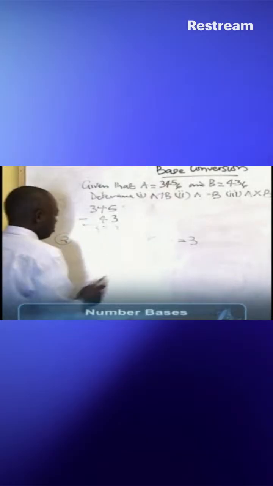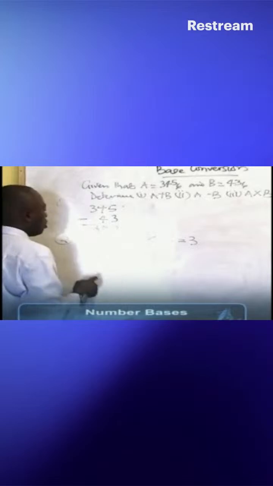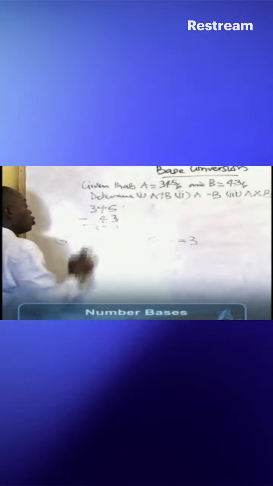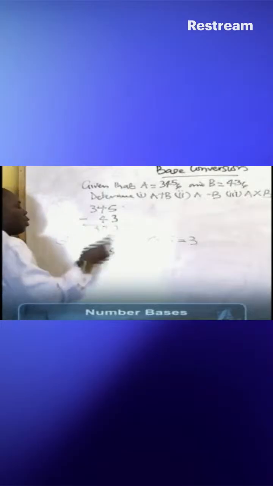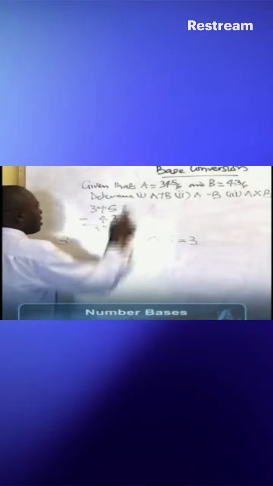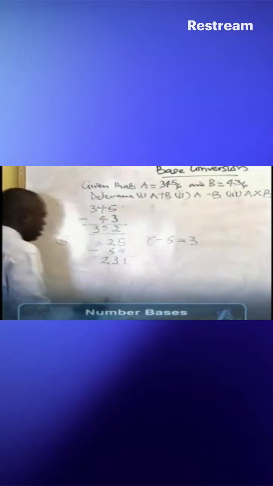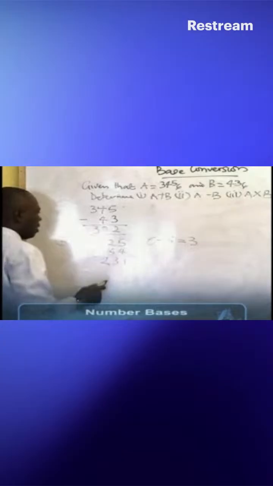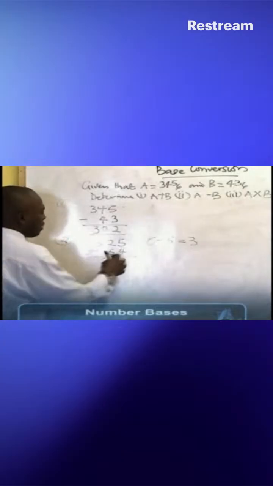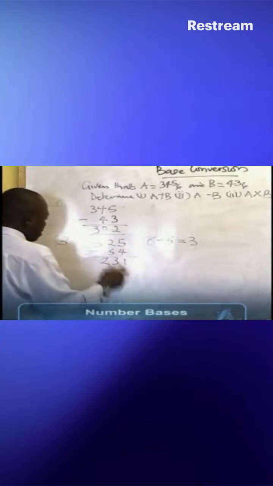The 1 that you have borrowed is the equivalent of the base, which in this case is 6. 6 plus 2 becomes 8. Then you take 5 away from 8, which is 3, and you write 3 as your answer. The one that is left here is 2. So that is subtraction in a base.